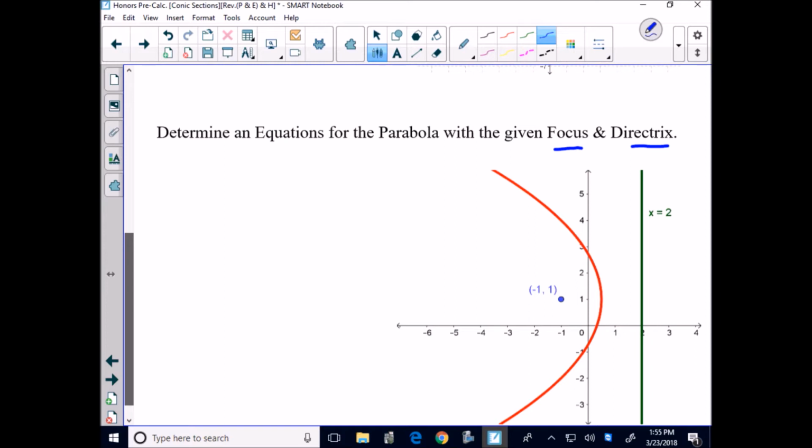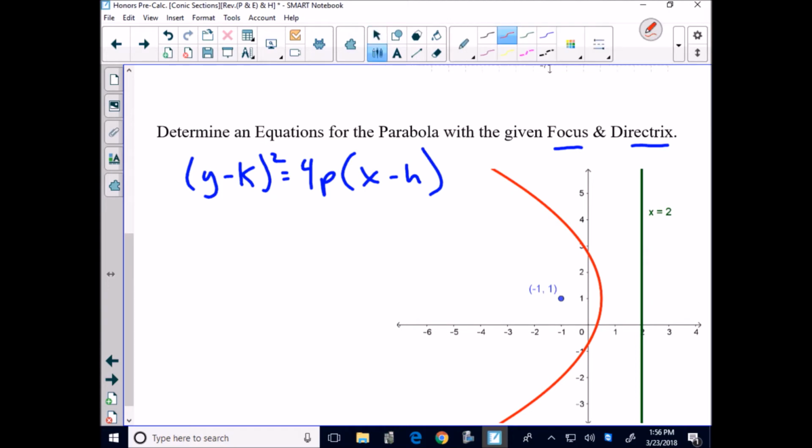So right here, we can see that this is opening horizontally, so we know it's going to be some (y - k) squared equals 4p times (x - h), right? And we would basically want to pull the information that would allow us to fill in the k, h, and p values here for this equation. All right, guys, so I want you to pause the video here and take a look at these.